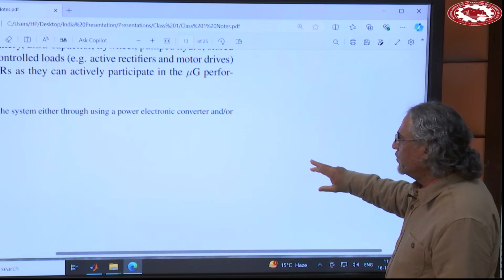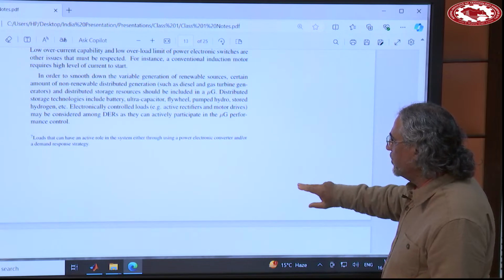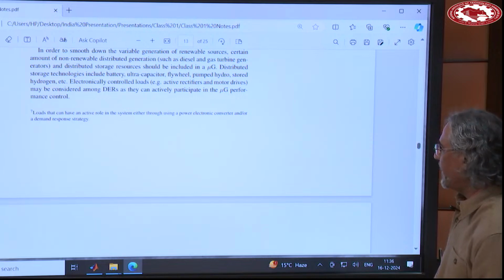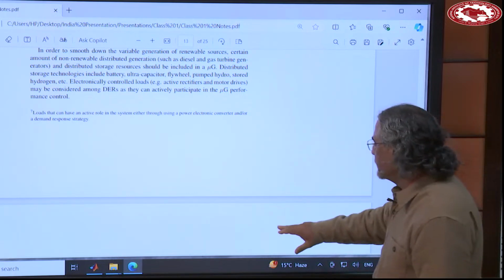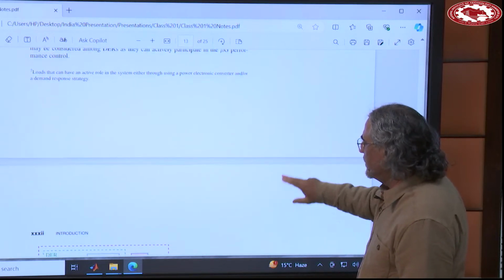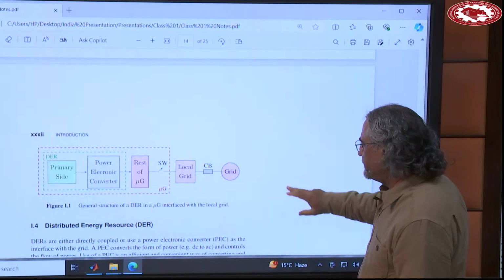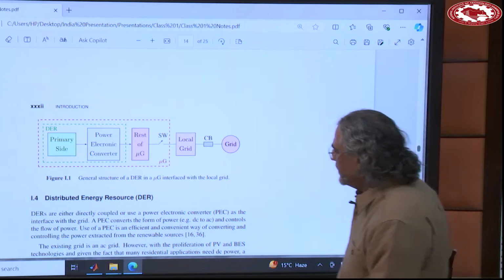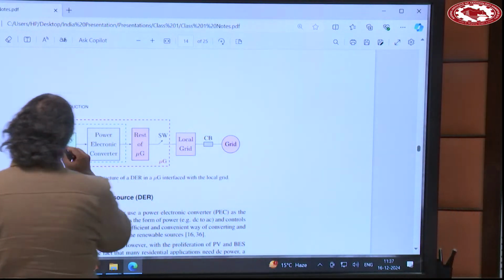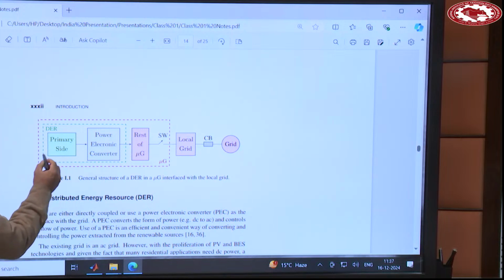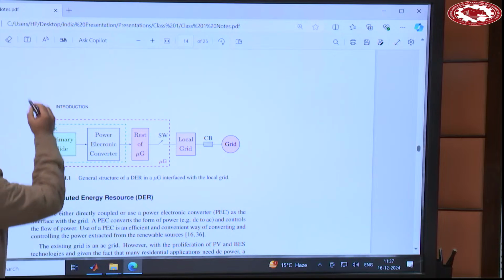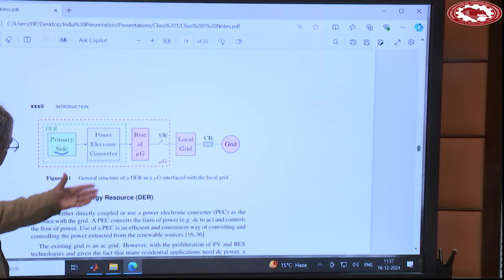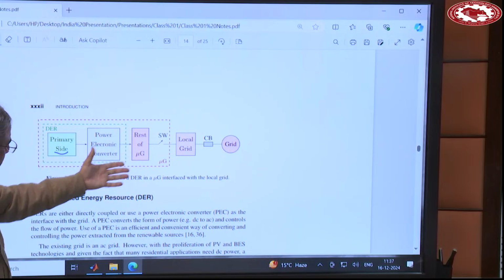So we already alluded to the topic of storage. Storage is not necessarily only battery energy storage. We have different types of storage discussed here, so you can read that. Here in this diagram, if I want to explain a little bit, in every distributed energy resource we have a primary side here, and then we have a power electronic converter, and then the rest of the network.